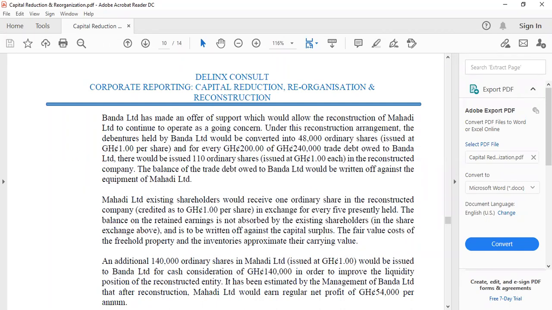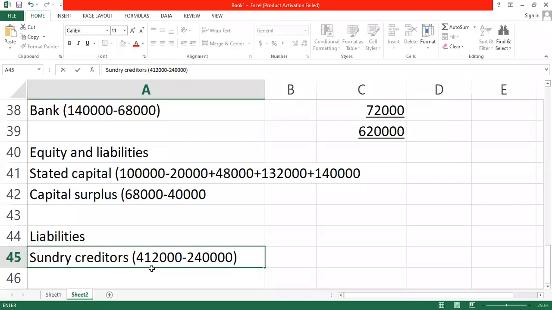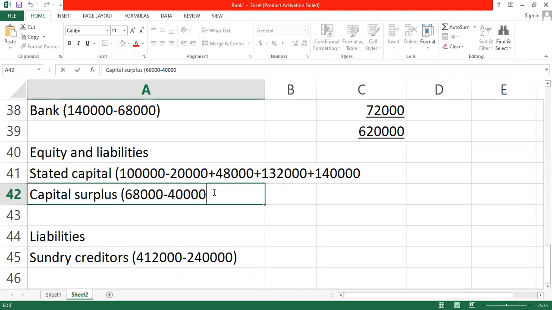Where would that gain go? The last time we said that when the income side of the capital reduction is more than the expenses side, the difference will be sent to capital surplus. So the gain, which is 20,000, will be added to the capital surplus.